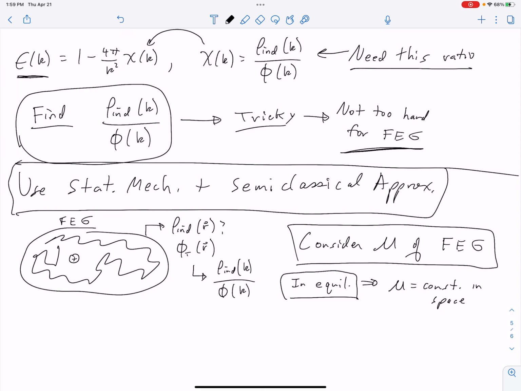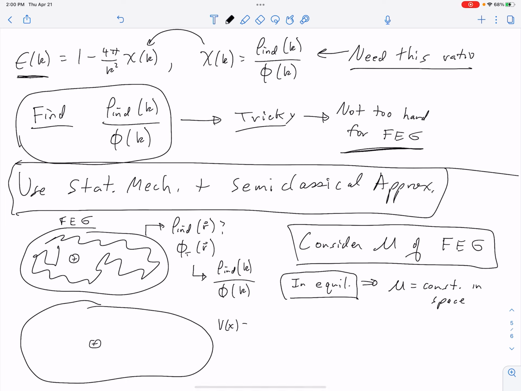Let's see what happens. I have my metal, and I have my plus here. Let me draw it bigger. Let's consider the potential in just one dimension.